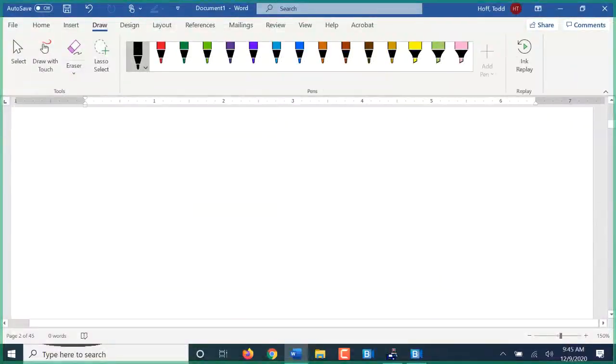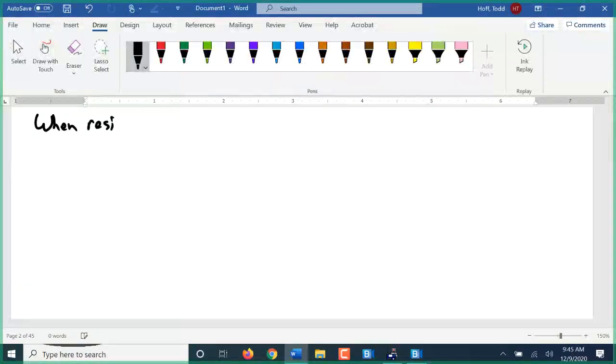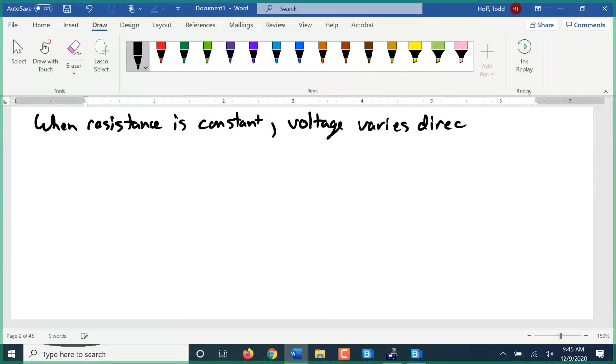For example, when resistance is constant, voltage varies directly with current.